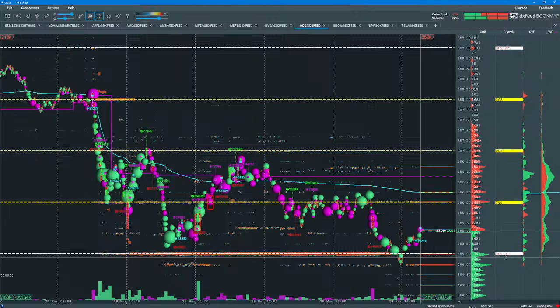And the C1 is a combo level. That is a SpotGamma combo level combining QQQ and NDX. And one means that it is the most significant of the ranking from 1 to 5, 1 being the most significant. All right, let's go take a look at Hero.